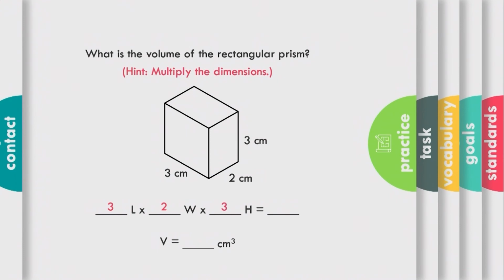All right, let's multiply those out and see what we get. 3 times 2 is 6. Well done. And 6 times 3 is 18. Very nicely done, which tells us that the volume of this rectangular prism is 18 cubic centimeters. Seriously, y'all are absolutely amazing.